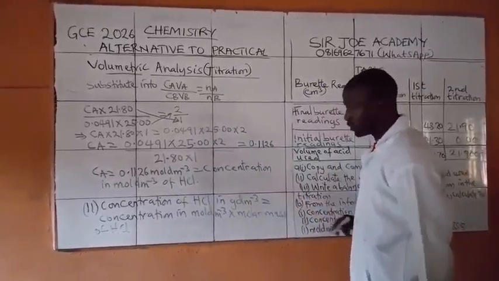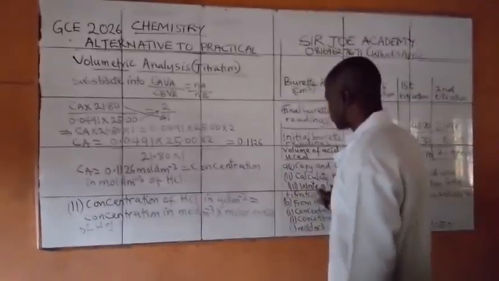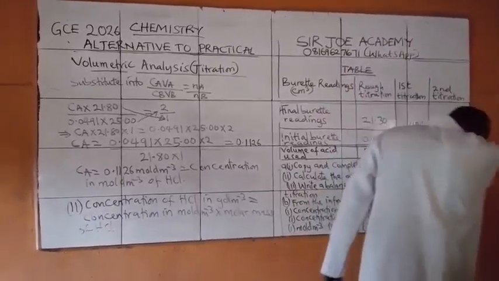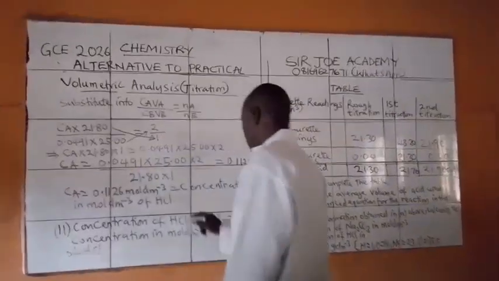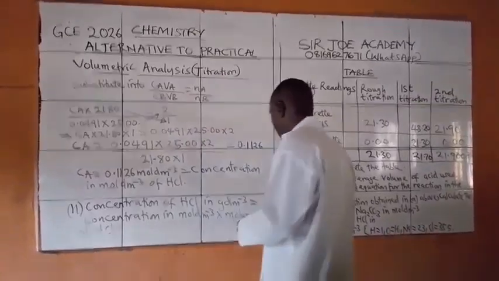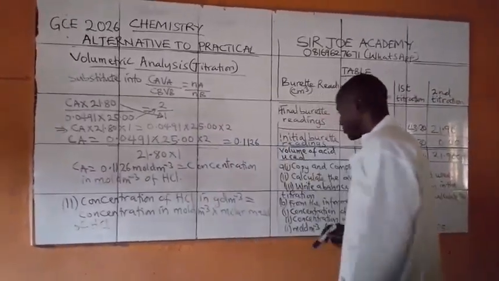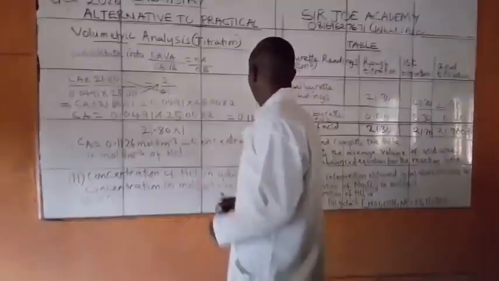Look at the board very well. Concentration of HCl in gram per dm cube is equal to concentration in mole per dm cube times molar mass of HCl.